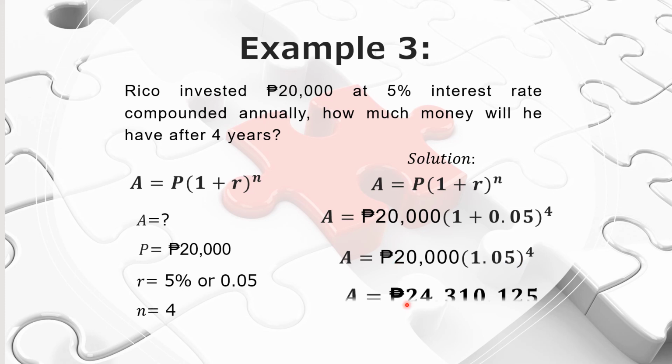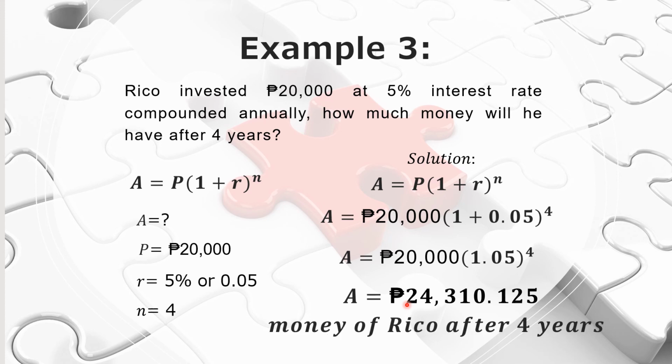So, ang makukuha natin dyan ay ito. The amount of money after 4 years is 24,310.125. So, after 4 years, ito ang meron sa pera ni Rico. 24,310.125.